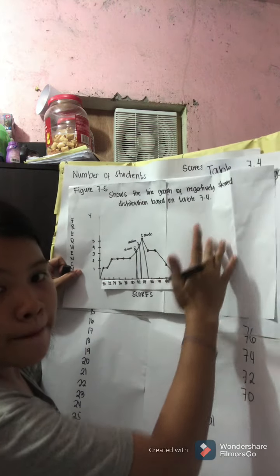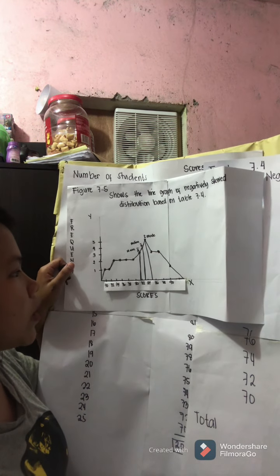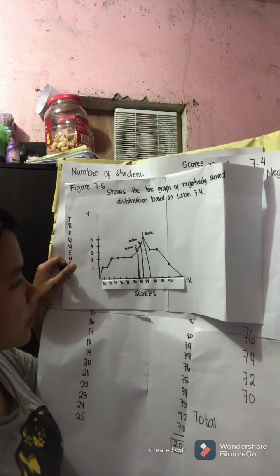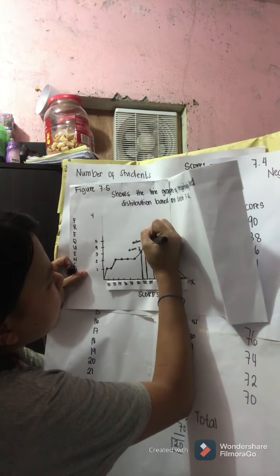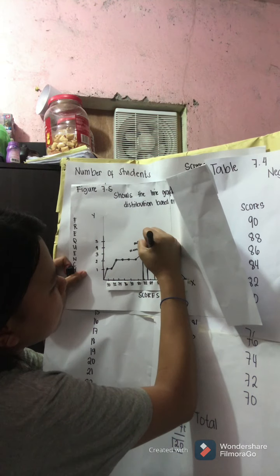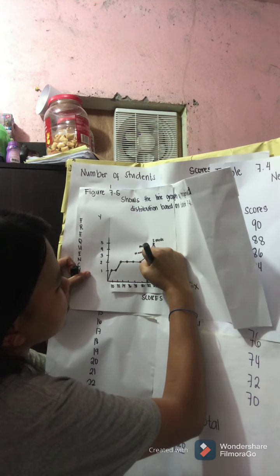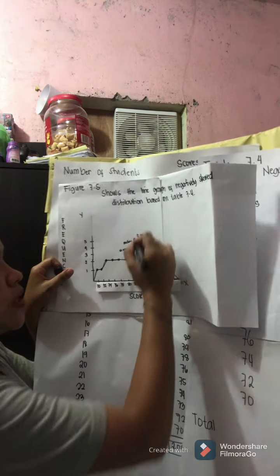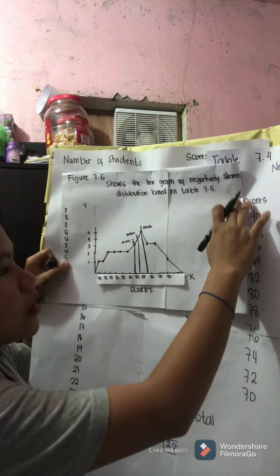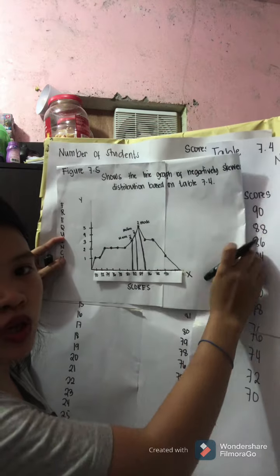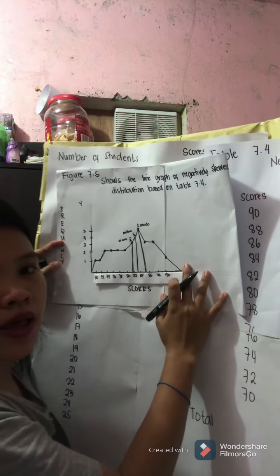This is our median. And our mode is 85, which is the very last value. So this is our mode. So this is what a negatively skewed distribution looks like.